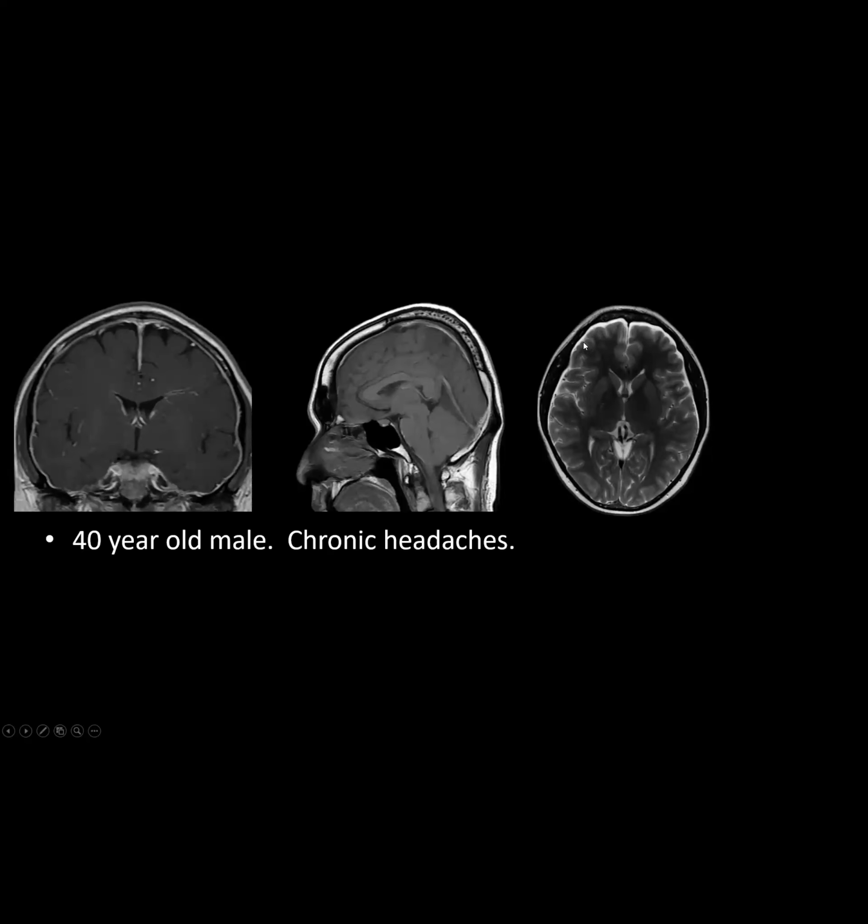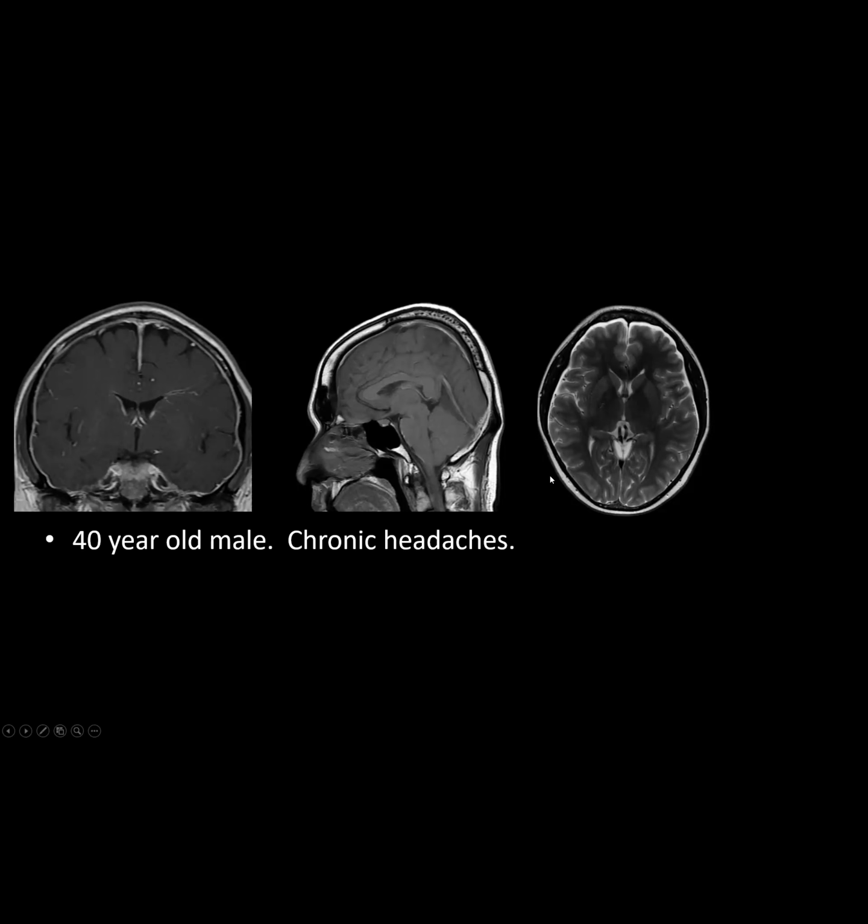What do you see if you look in front of the brain convexities on both sides? There are these collections that are bilateral and crossing sutures. So what space is that? Subdural. Yeah, exactly. So diffuse pachymeningeal enhancement, narrow subarachnoid spaces, low-lying tonsils, and these subdural fluid collections.